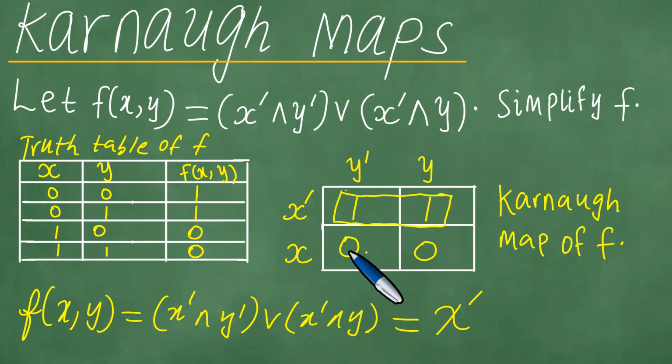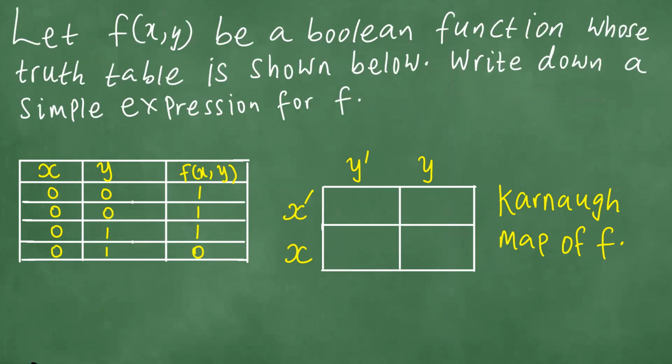So this is x primed. Okay. And then we have simplified f. We have simplified f. And so the simplification of f using what we call Karnaugh maps is only x primed. Okay, we good, but we continue to look at more Karnaugh maps.